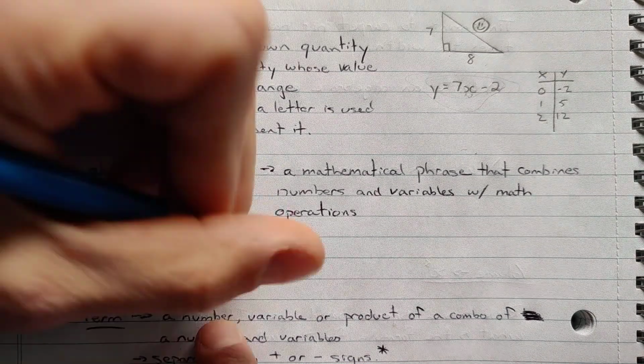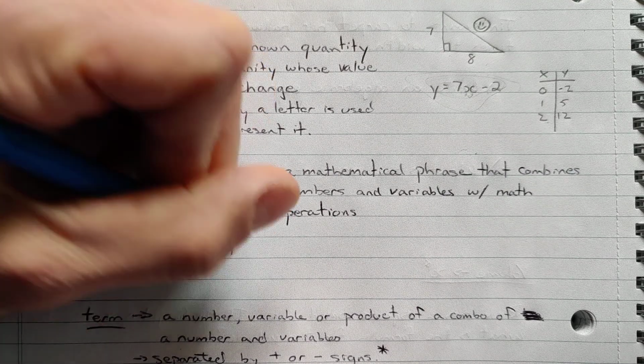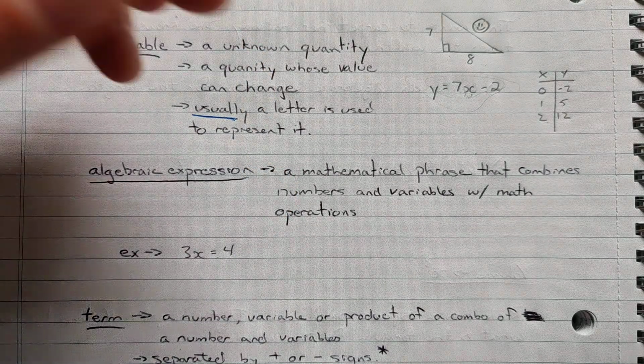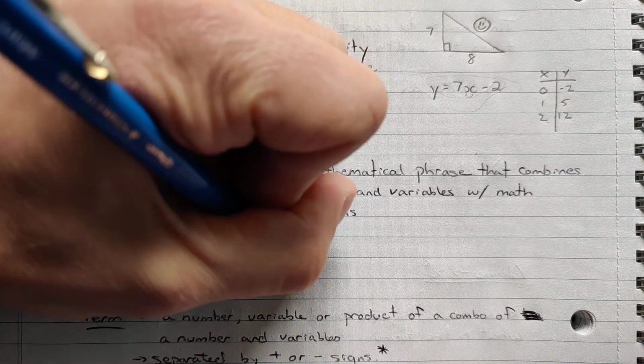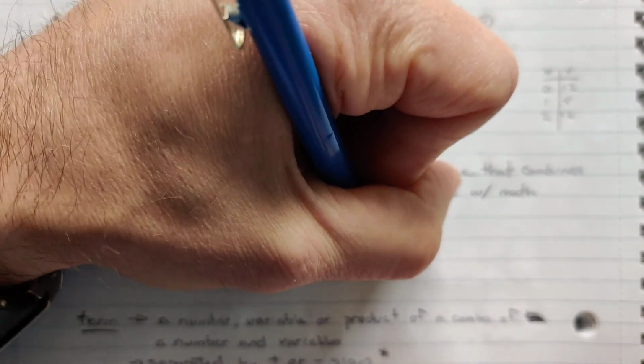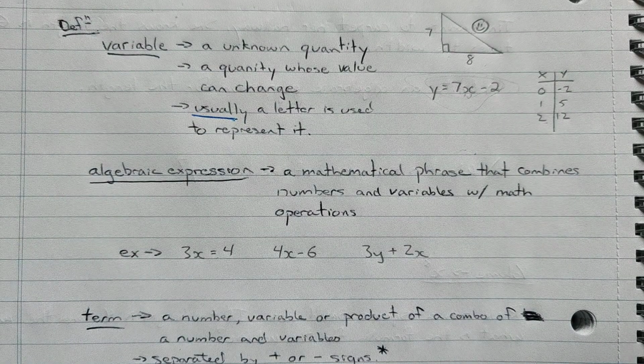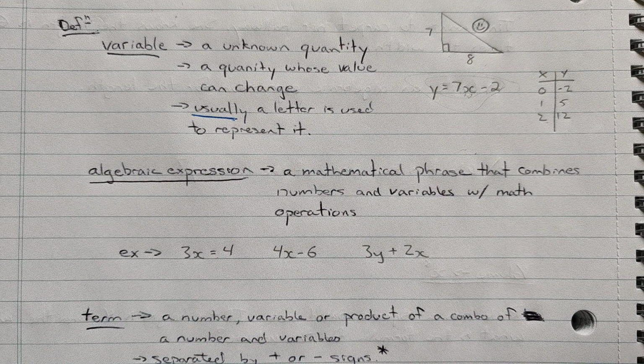So something like 3 times x equals 4 would be an expression. 4x minus 6 could be an expression. 3y plus 2x could be an expression. The different expressions are going to combine those numbers and letters with mathematical operations.